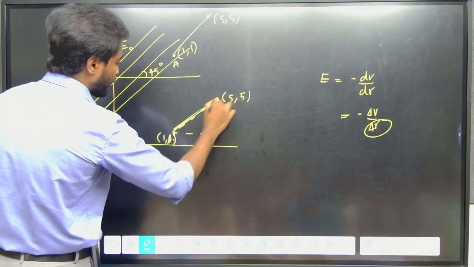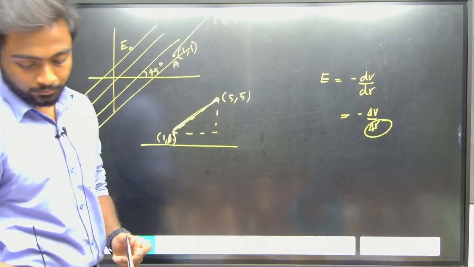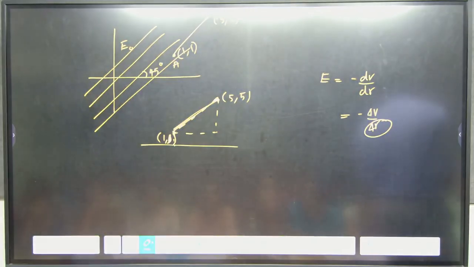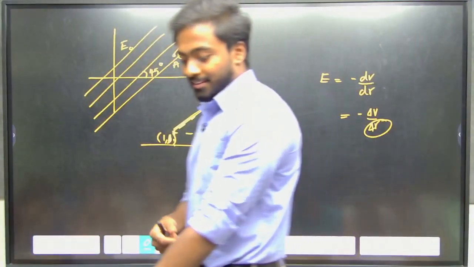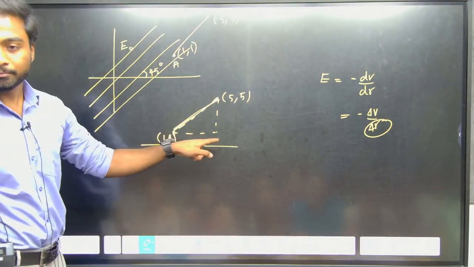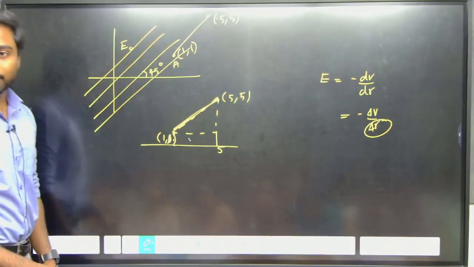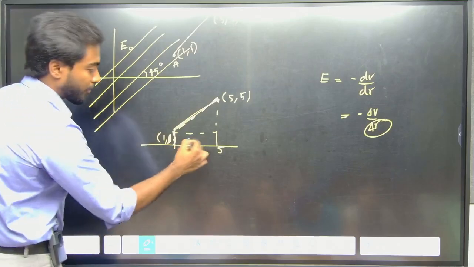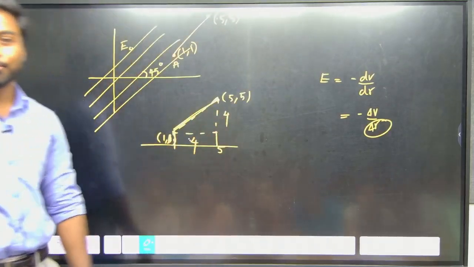This distance I need to find. 4 root 2. Yes. So what is the distance here? This one. This is 5, no? And this is 1, no? The difference between them is 4. And this is 1 and this is 5. The difference between them is 4.